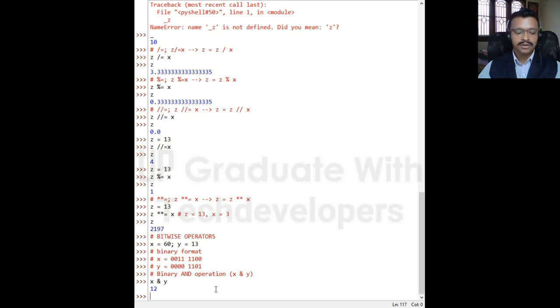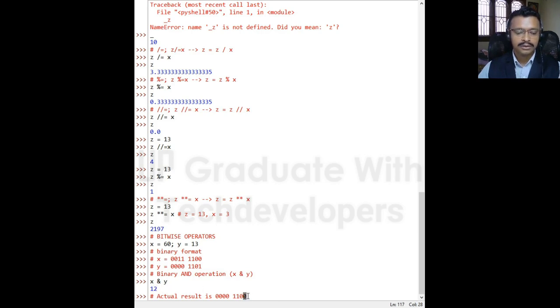The actual result will be like this, 0000 1100. So here look at the method of calculating this 12.